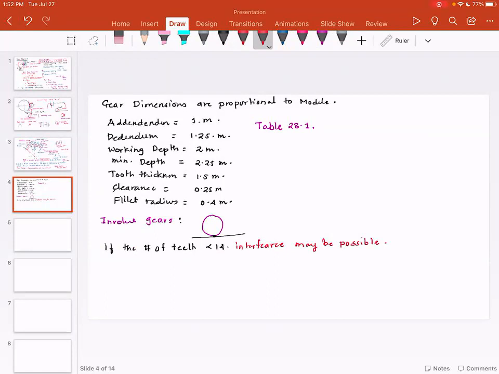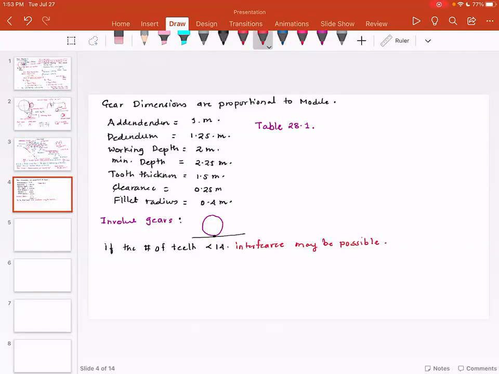Interference is not possible for cycloidal gears, but for involute gears, if you have a gear of maybe 10 teeth, then it may so happen that the gear may interfere with the mating gear or lock with it. There is a mathematical derivation that I'm going to skip, which talks about the minimum number of teeth on the pinion to avoid interference.